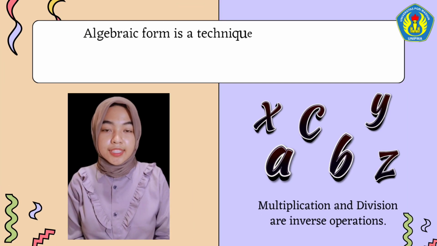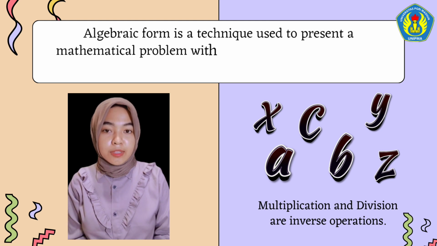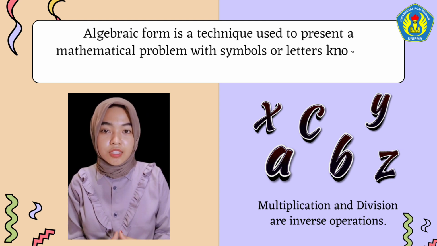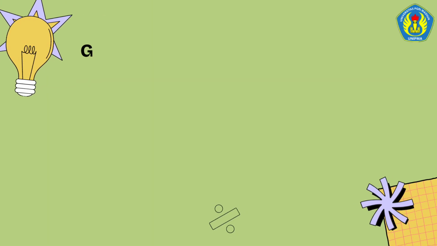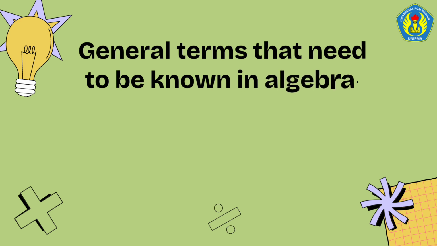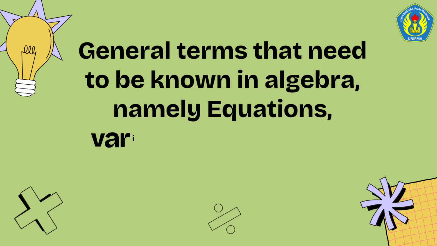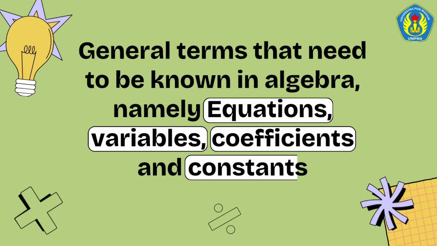Algebraic form is a technique used to present a mathematical problem with symbols or letters known as variables. A correct understanding of algebraic concepts can facilitate understanding of other mathematical concepts. Basically, there are several general terms that need to be known in basic algebra, namely equation, variable, coefficient, and constant.